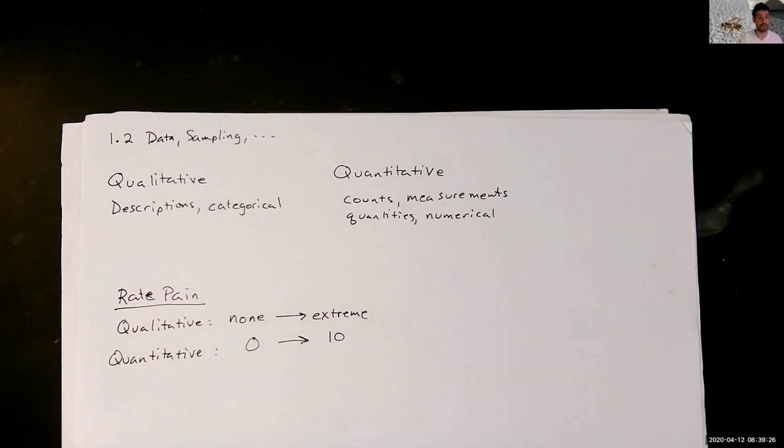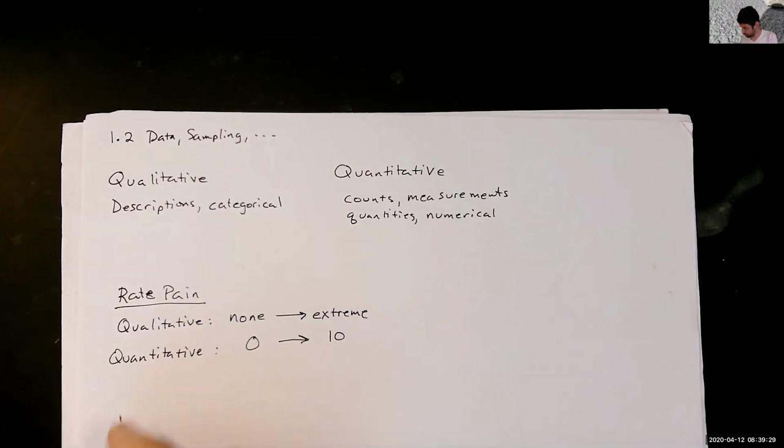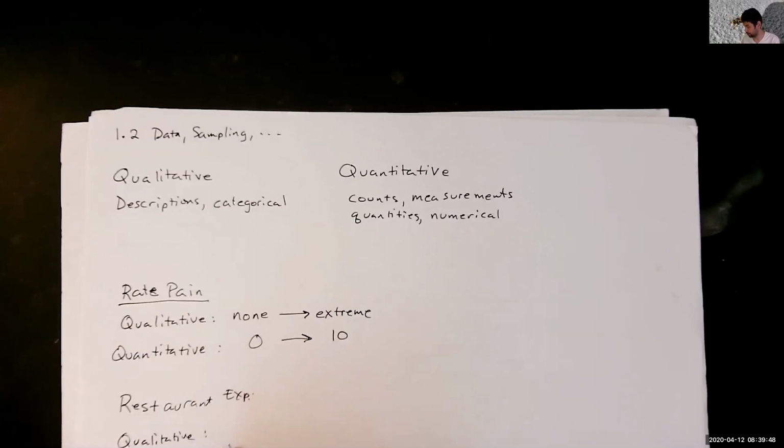Right? We might do, let's do another one. Let's do a restaurant experience, right? So one qualitative scale might be something like rate the service, right, from poor, fair, good, and great.